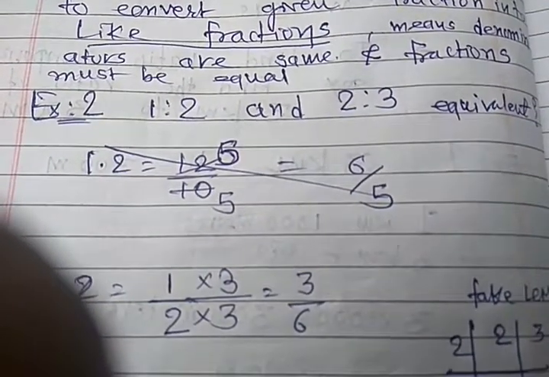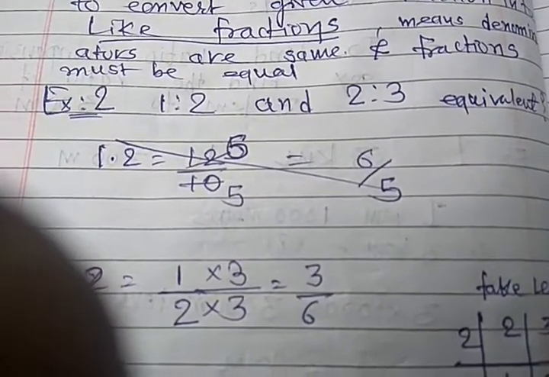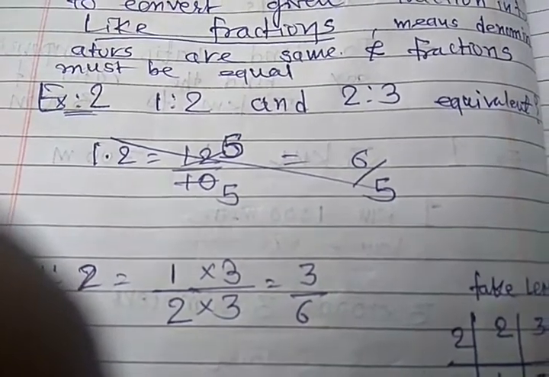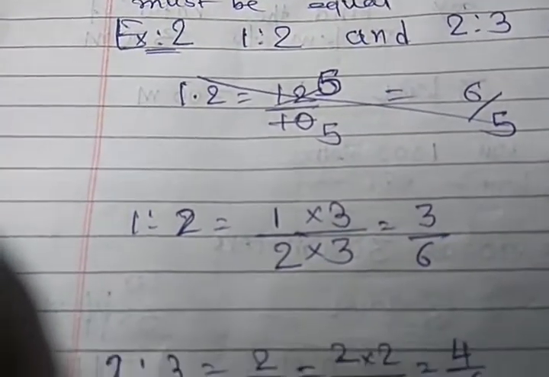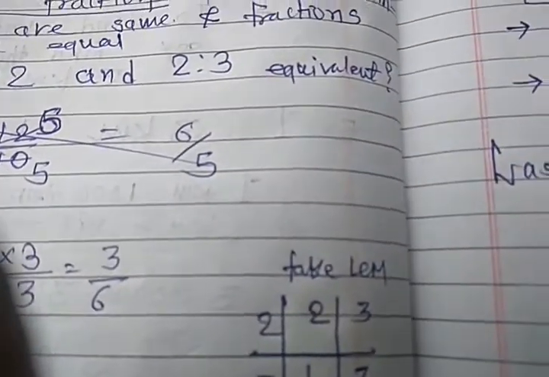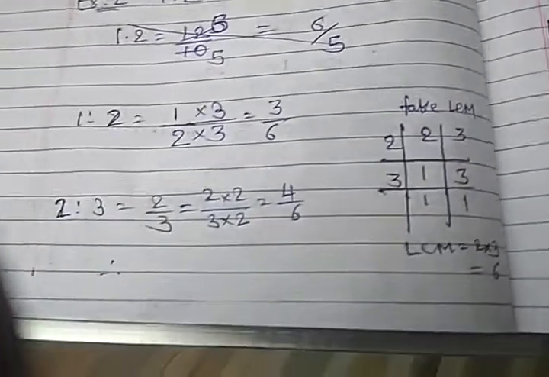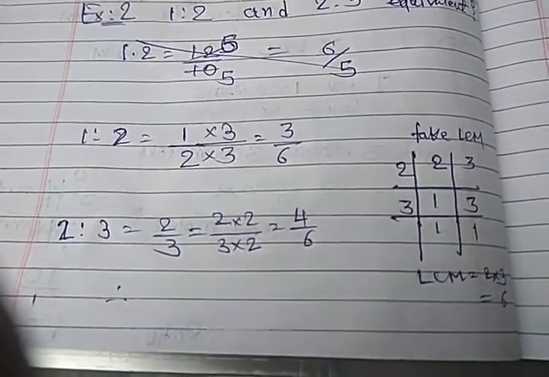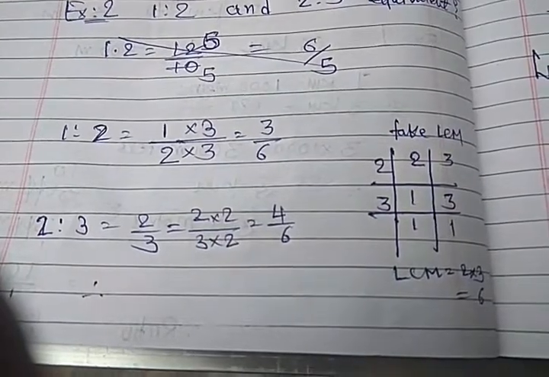Here example number 2, that is 1:2 and 2:3. Are they equivalent fractions? Okay, let's take 1 upon 2, 1:2. Here 1 upon 2, okay. And here 2:3 means 2 upon 3. Now you see 1 upon 2 and 2 upon 3.